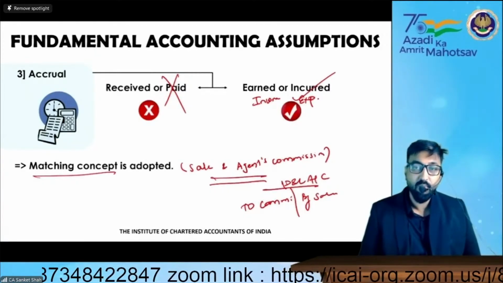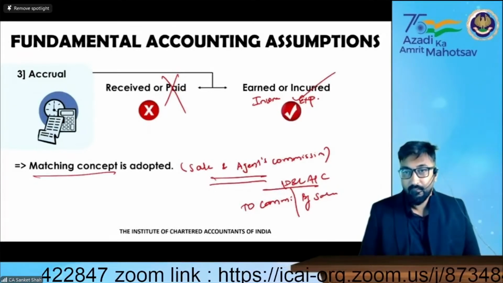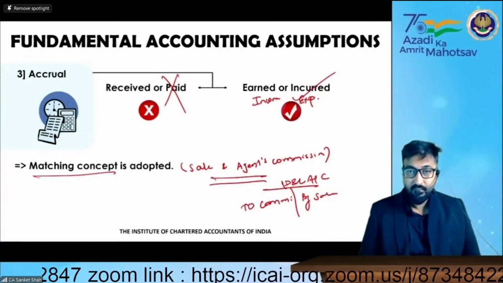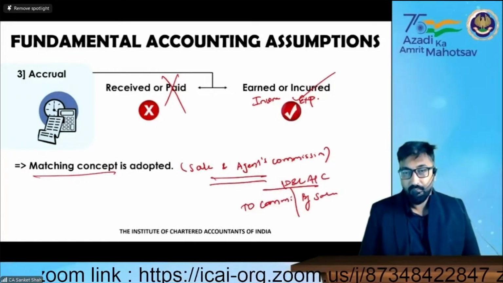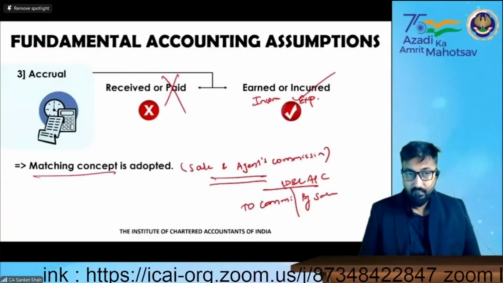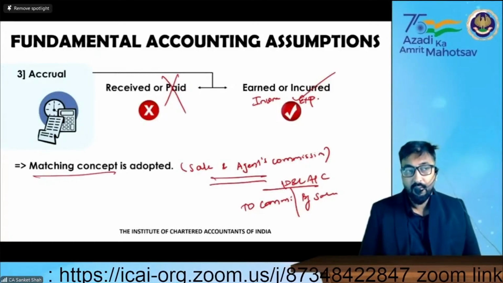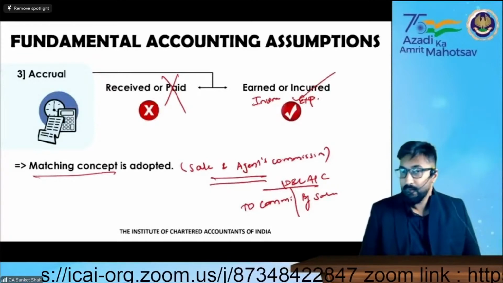Fundamental assumption. So there are 3 assumptions: going concern, consistency, accrual. Going concern means an enterprise will continue its operation in the foreseeable future, with no intention to curtail the operation.